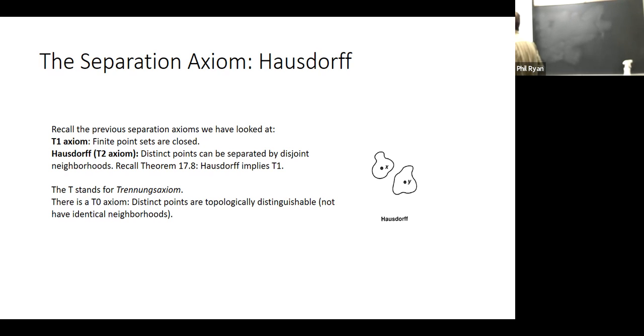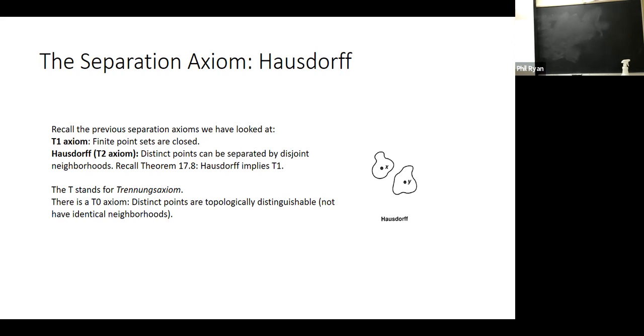And then there was a Hausdorff axiom, which said that distinct points can be separated by disjoint neighborhoods. So the picture is like this. Given distinct points, we can get disjoint neighborhoods of x and y, and that separates x and y.